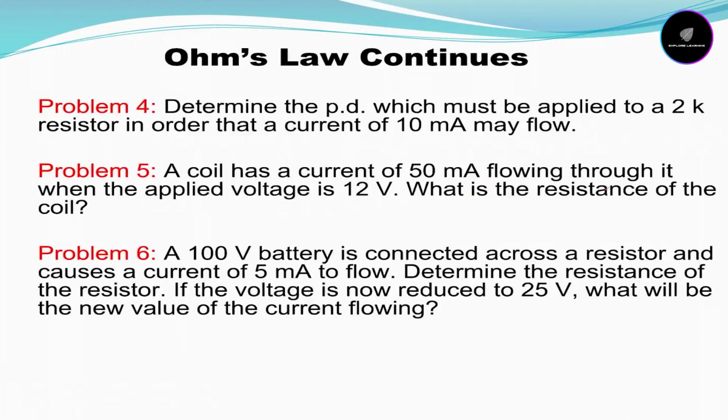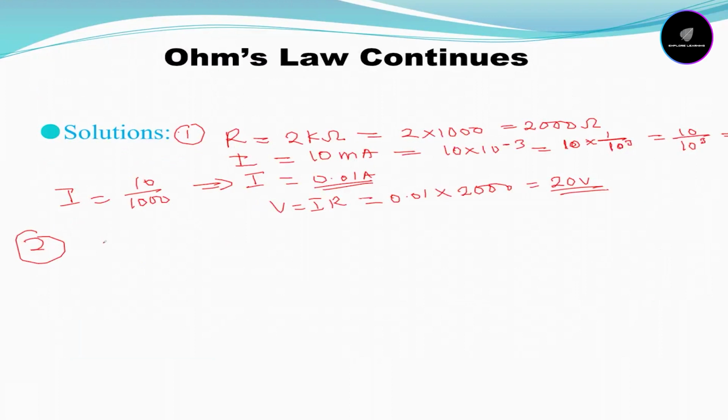Now for the next question, it says a coil has a current of 50 milliamp flowing through it. When the applied voltage is 12 volts, what is the resistance of the coil? For question 2, we have voltage equal to 12 and I equal to 50 milliamp, which is equal to 50 multiplied by 10 raised to power minus 3.